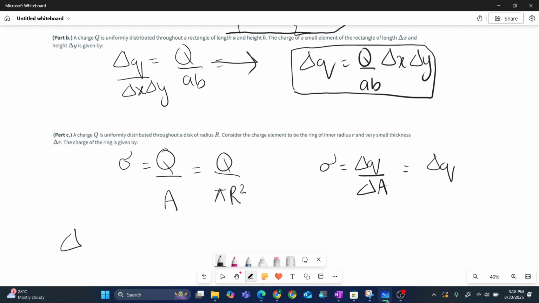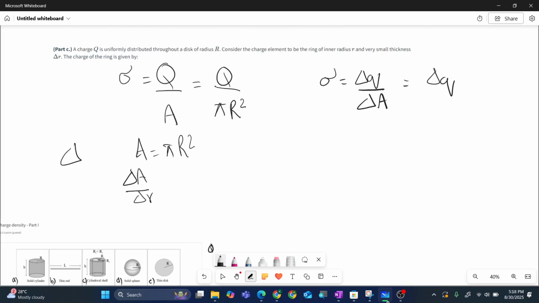Now how will I find my delta a? Since my A is equal to pi r squared, if I differentiate it, my delta A over delta r will be 2 pi r. If I now take this delta r to the other side, I will get 2 pi r delta r.